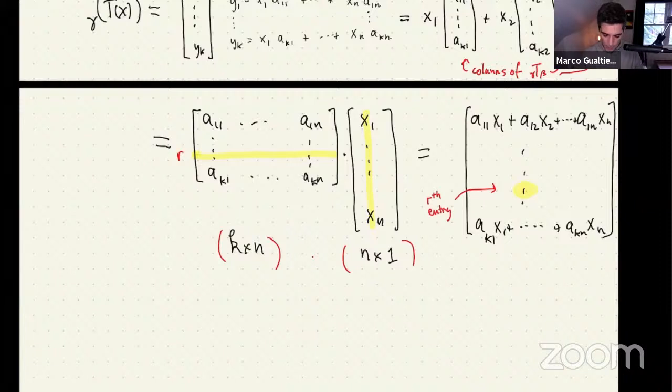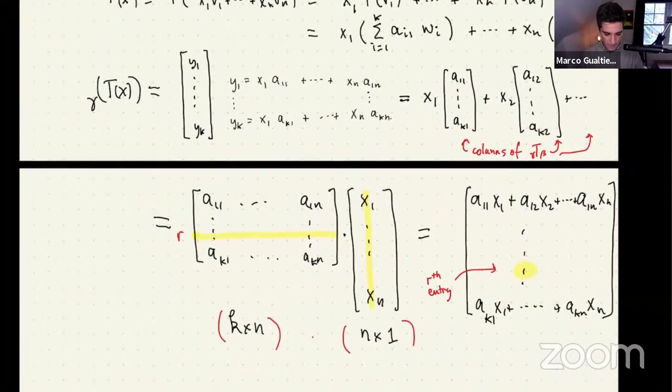So the formula for that would be exactly as written right here. So you have the yr.